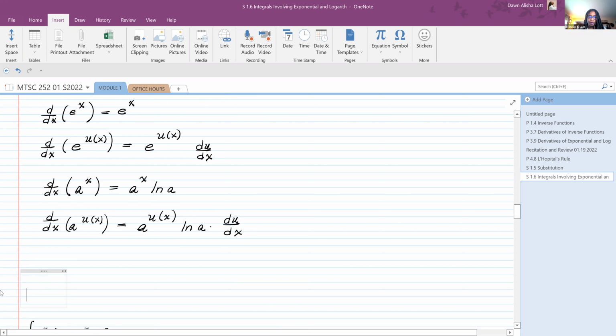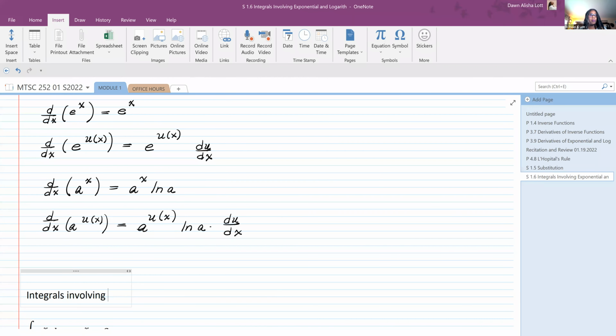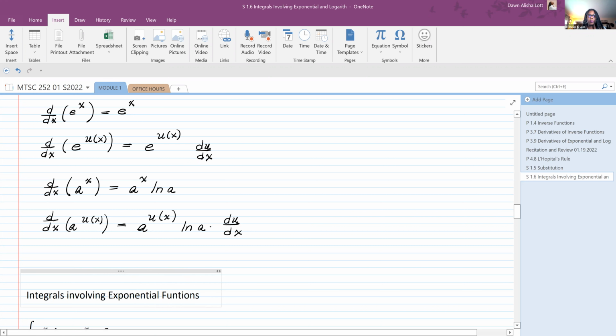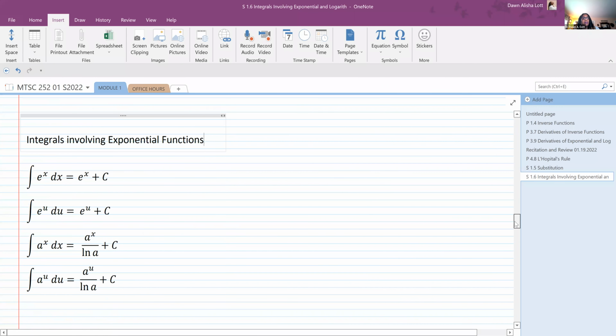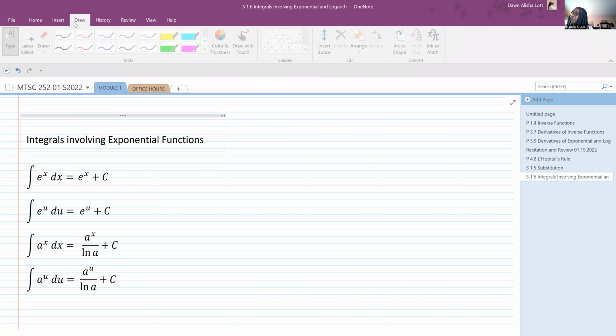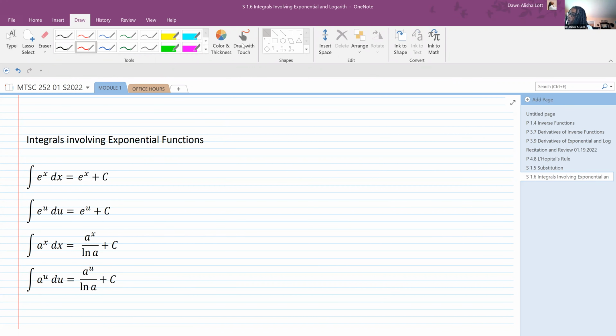After we did the review, this is integrals involving exponential functions. So these are the integrals. If the derivative is e to the x, then its integral is e to the x.